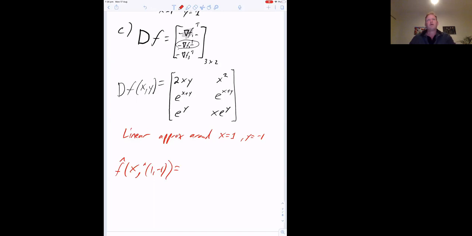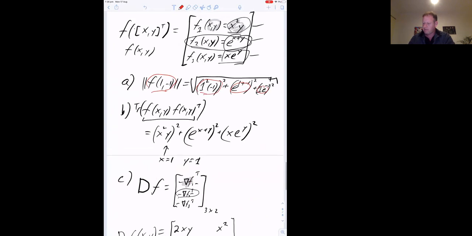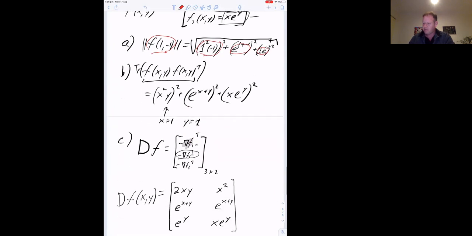So f hat of x, according to what we saw, is going to be f at the point 1, -1. Exactly at that point, we can't do any better. And f(1, -1), specifically, we computed here. It's these three coordinates.